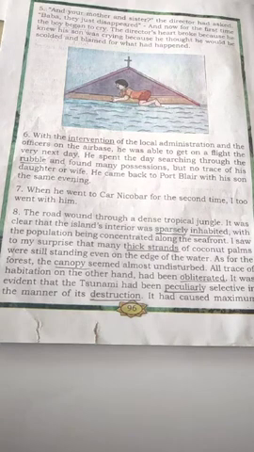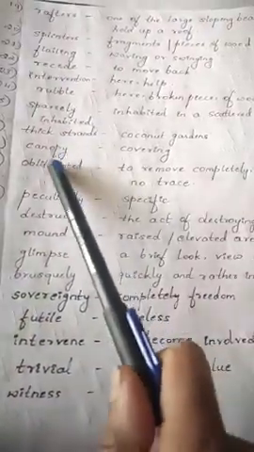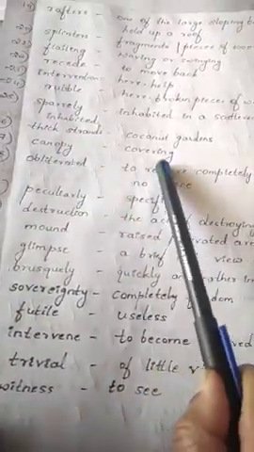The trees are so closely present that sunlight cannot reach the ground. That covering formed by the trees is called canopy. I hope you understood what canopy is. Canopy means covering.